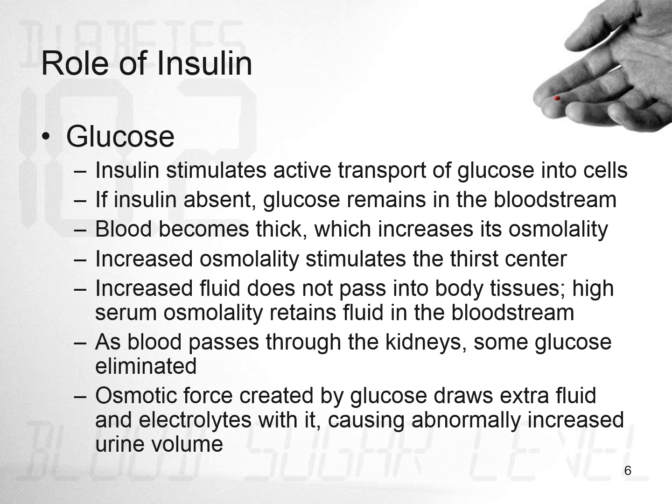And then increased fluid does not pass into the body tissue, so we have a high serum osmolality, which retains fluid in the bloodstream. And then as blood passes through the kidneys, some glucose is eliminated, which we know that glucose should not be eliminated into our urine. So the osmotic force created by glucose draws extra fluid and electrolytes with it, causing abnormally increased urine volume.